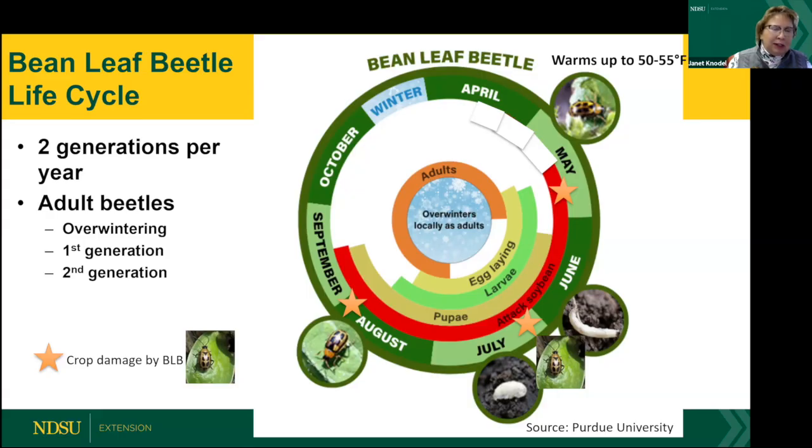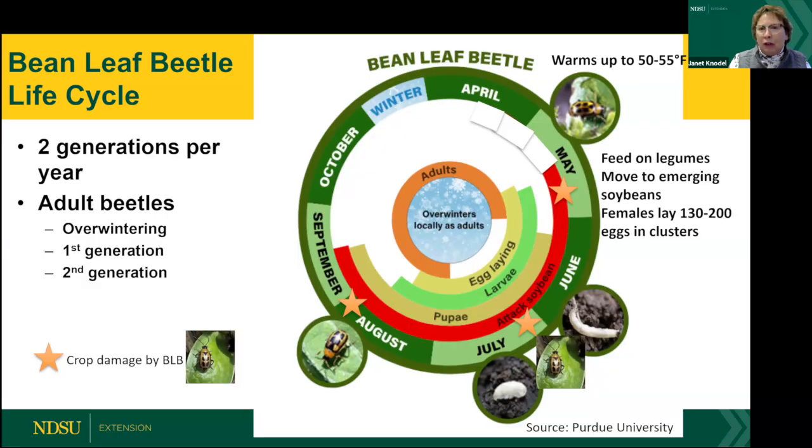So we have the overwintering generation that comes up when the temperatures warm up to 50 to 55 degrees Fahrenheit. They'll come up and they'll move to the clover and alfalfa and feed on that. And then when the soybeans get planted and emerge, they'll move over to the soybeans. The female can lay up to 130 to 200 eggs, and they usually lay them in clusters into the soil near the base of the soybean plant.